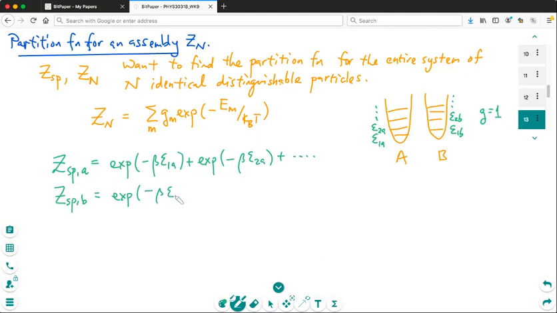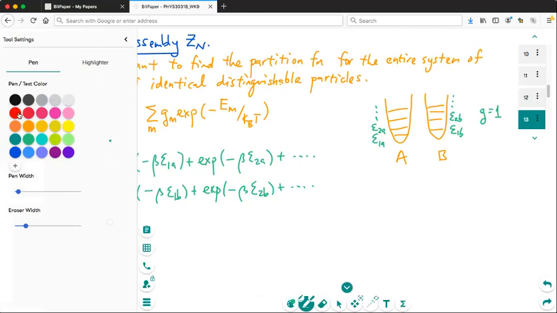So this is 1B plus 2B plus. Okay, so far there shouldn't be any problem, right?